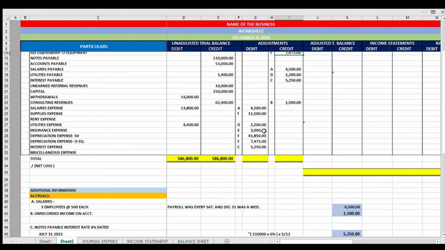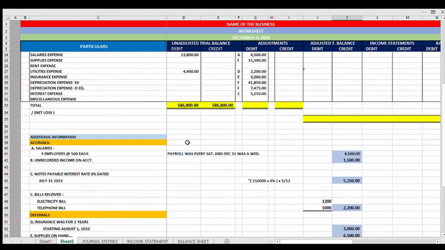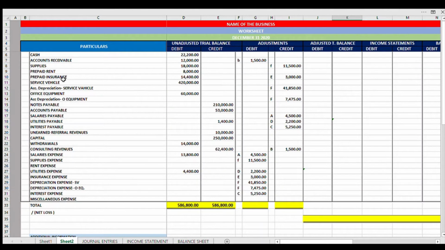Yan. And lastly, the rent for an space is for 1.5 years starting October 1. So, based sa ating computation, ang expired portion ay 1,333.33. If we will look at the account, now we have a prepaid rent here, 8,000. So, how can we compute that?